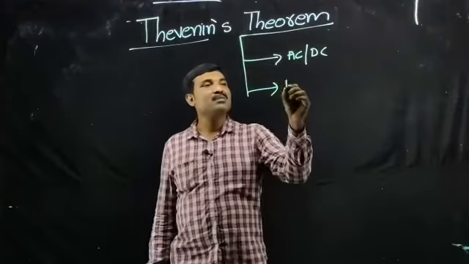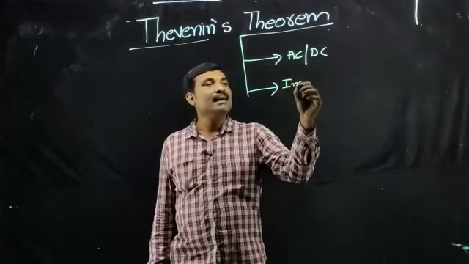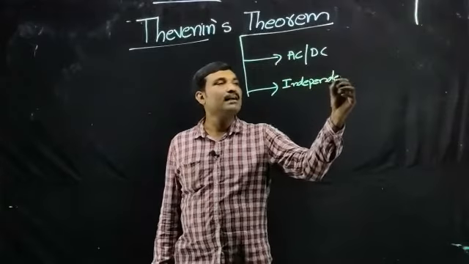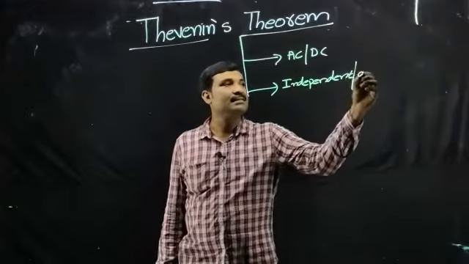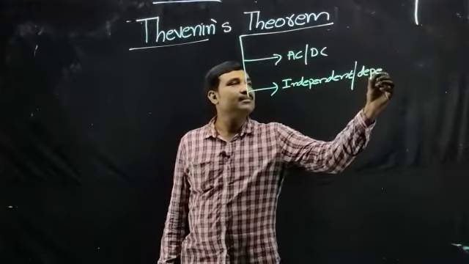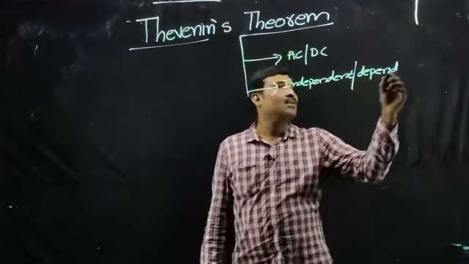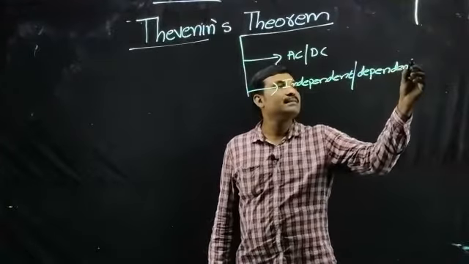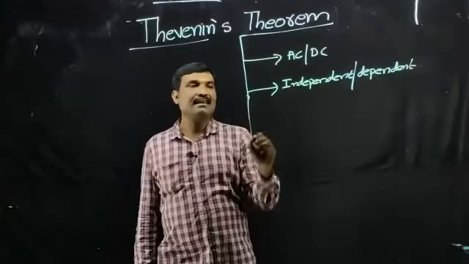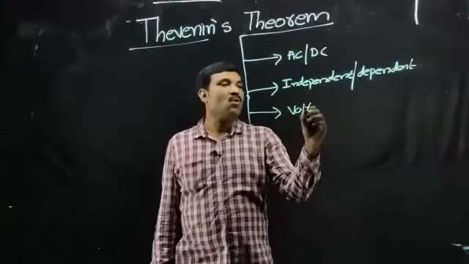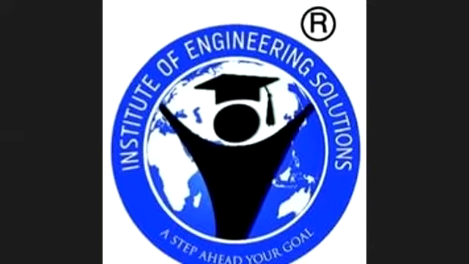So our sources may be independent sources or dependent sources, right? So we can apply this theorem when our sources are independent or dependent. And third, our source may be a voltage source or a current source, right?